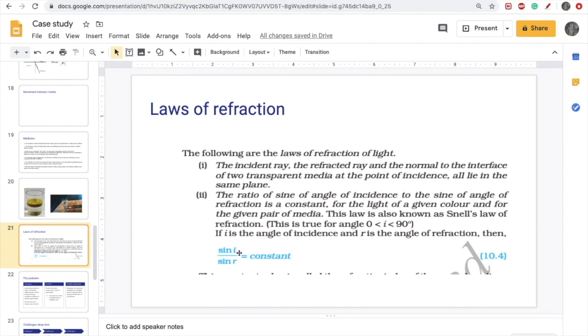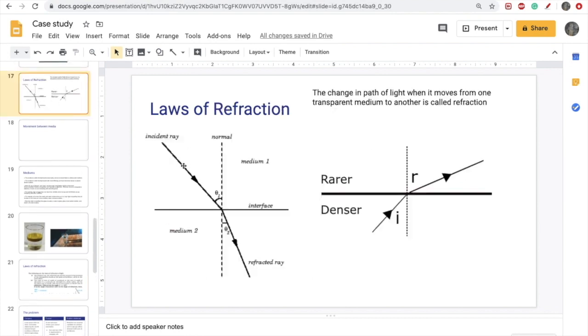What they are telling is that sine of angle of incidence by sine of angle of refraction is always constant, which means if it is incident at a particular angle, it is refracted at a particular angle. Here this is the angle of incidence, this is the angle of refraction for a given pair of media. That is, if we are always traveling from air to water, then this ratio will always remain the same.